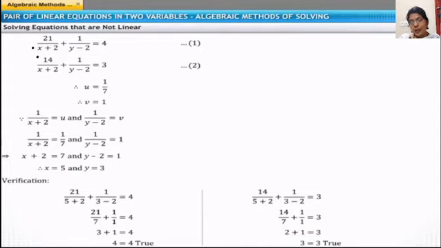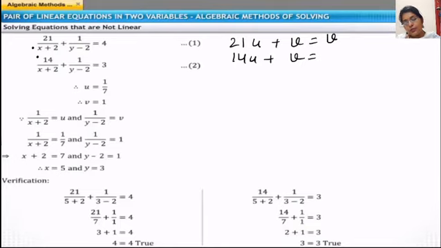So then what is our equation? We will simply reduce our equation to this form. 1 upon x plus 2 we have taken as u, so what does it become? 21u plus v equal to 4, and here 14u plus v equal to 3.